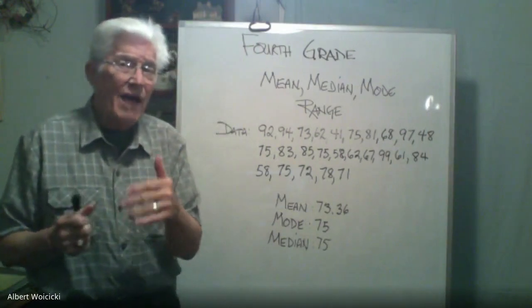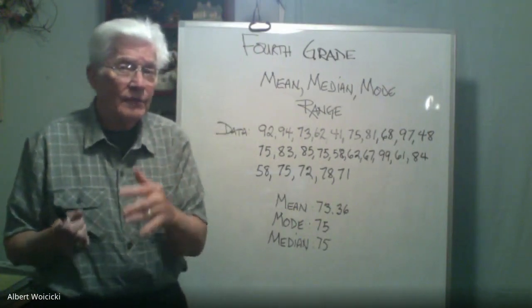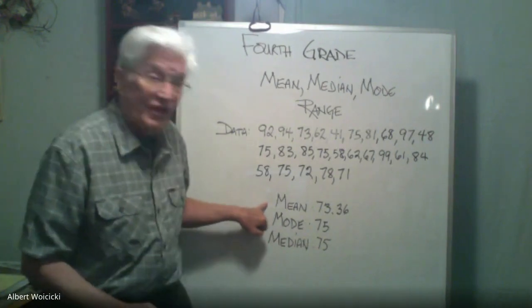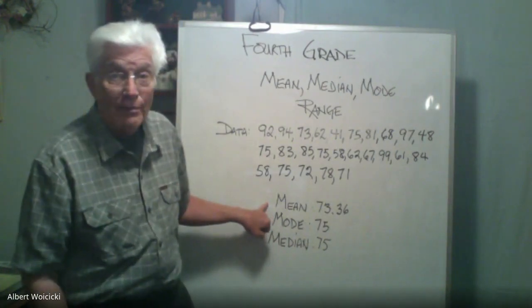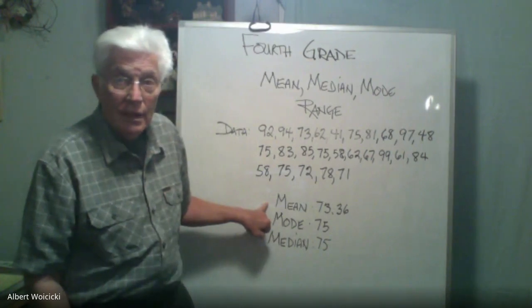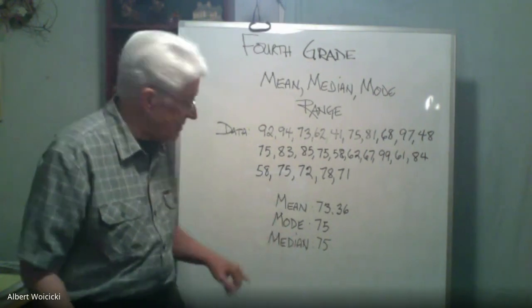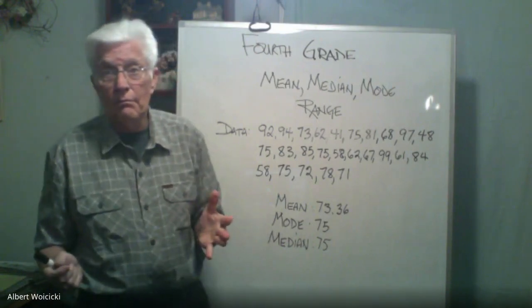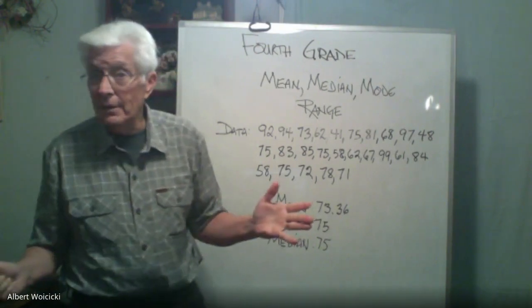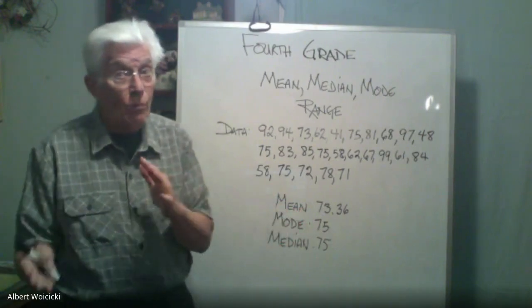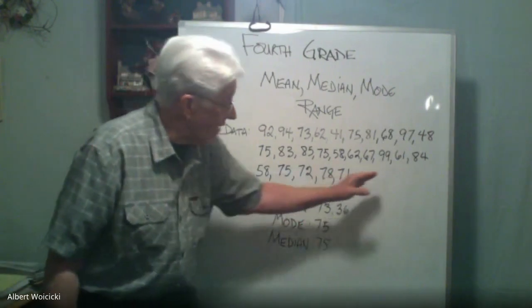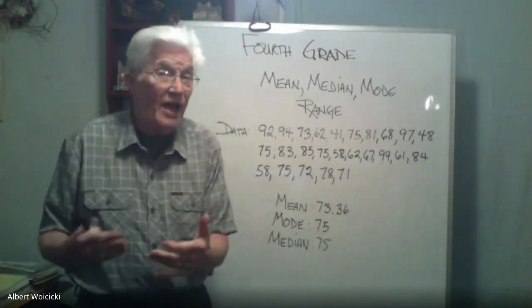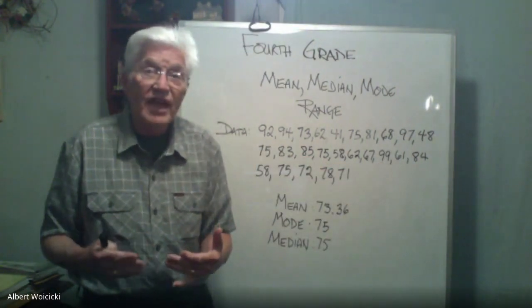Sometimes you have a score that pulls the mean or the average down quite a bit, but it doesn't change the idea of the median. And it could go both ways. Maybe you have one person that has a 99 and the next highest score is 80.